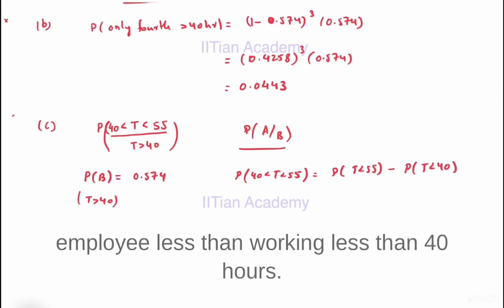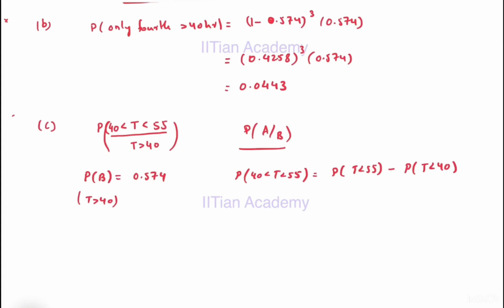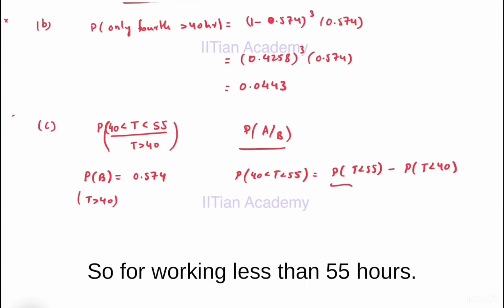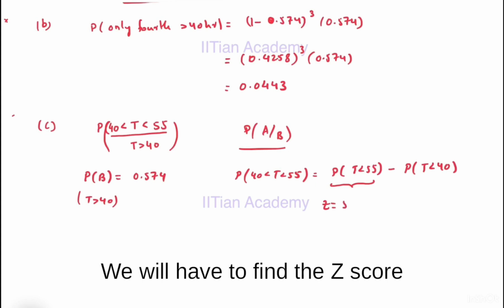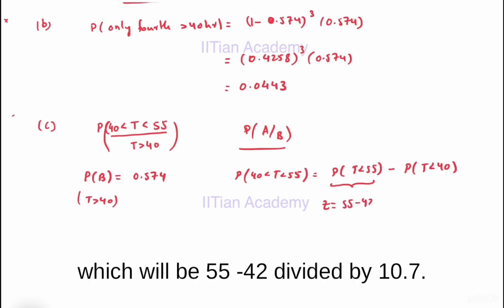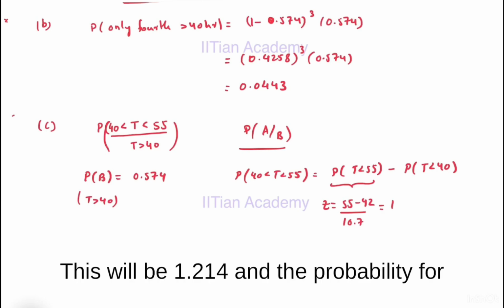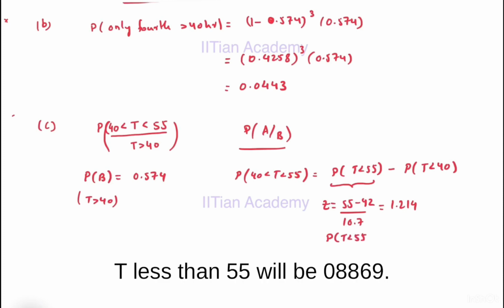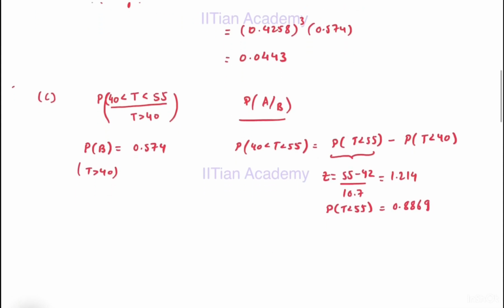So for working less than 55 hours, we will have to find the Z score, which will be 55 minus 42 divided by 10.7. This will be 1.214, and the probability for T less than 55 will be 0.8869.